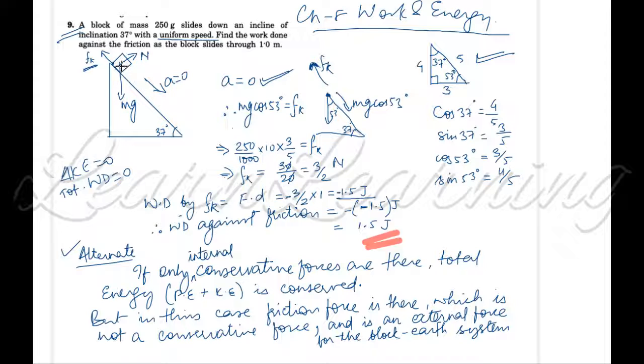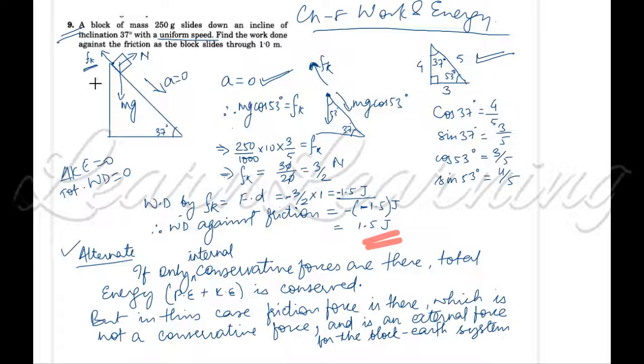Now, when considering potential energy and its changes, we always consider the block and the earth as one system. So for these two bodies, the block and the earth system, this friction force is an external force and also a non-conservative force.